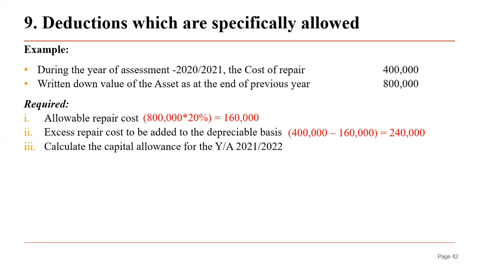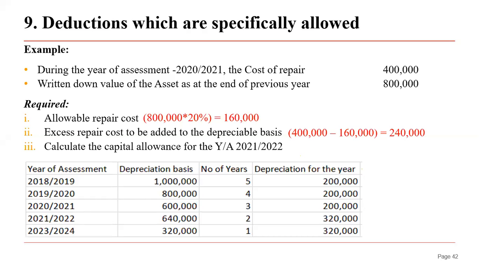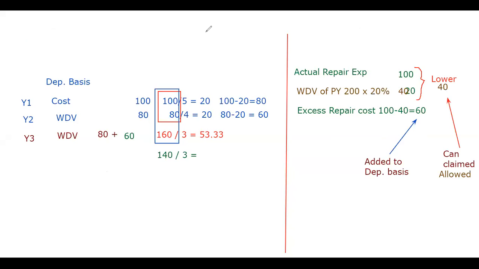Then the last one: calculate the capital allowance for the year of assessment 2021-22. As we calculated on the whiteboard, the capital allowance is what the examiner is asking.